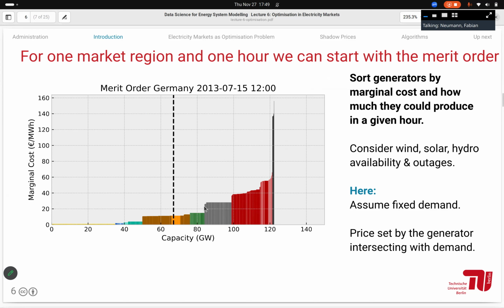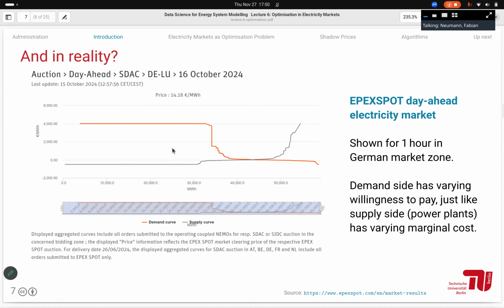In reality, it looks a bit more complicated. The supply side here is already quite well represented, but the demand side is strongly simplified by just assuming a fixed value. In reality, we would have the supply curve, the merit order here in gray. And then, instead of a vertical line, we would have a similarly shaped demand curve, which represents the willingness to pay for demand.